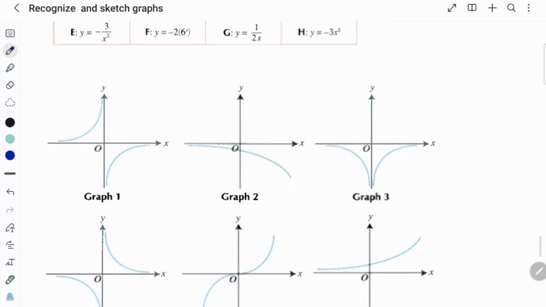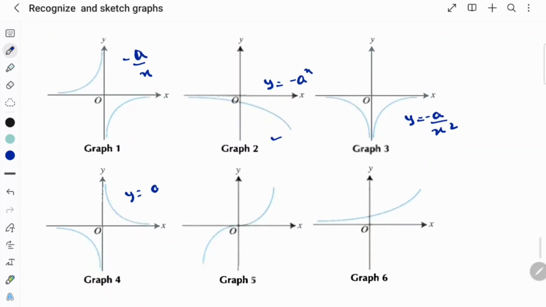Remember, if it is a reciprocal, like 1 over x, minus a over x, then afterwards, y is equal to minus a to the power x. And if I see this reciprocal, y is equal to negative a over x square, it is y is equal to positive a over x.